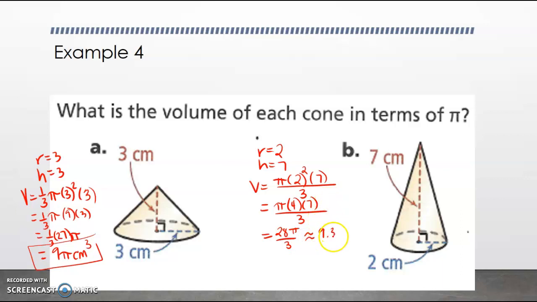I say approximately because since it's a third, the decimal repeats. So 9.33 pi. Now, we talked about exact answers. 28 pi over 3 is the more exact answer, but MathXL will be looking for those decimal answers. And again, that's in terms of pi, and I forgot to put the centimeters cubed at the end of that.